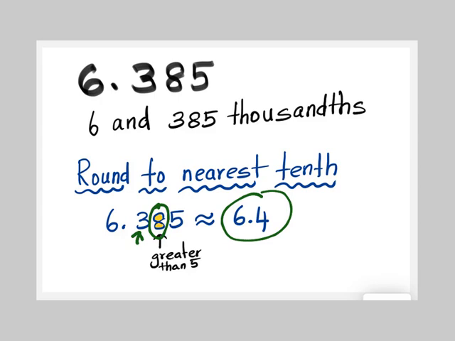If this yellow digit is 5 or greater, like 5, 6, 7, 8, 9, then the tenths place moves to the next number, which in this case is 4. So this is rounding to the nearest tenth.